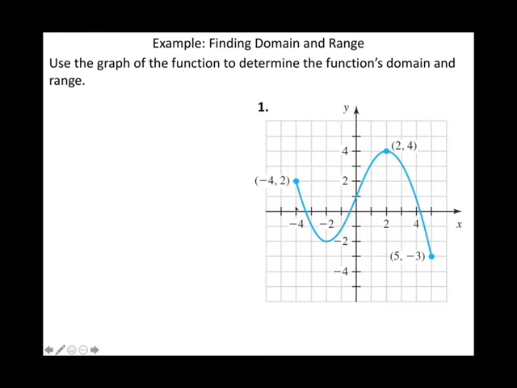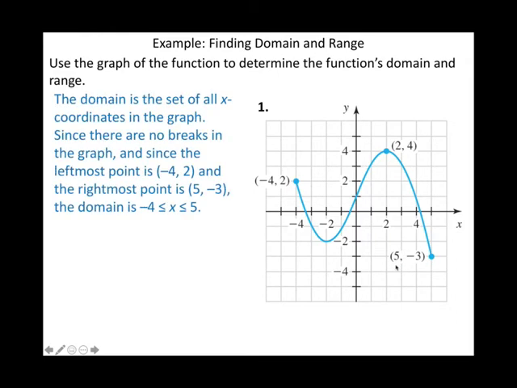The smallest value here is -4. Since there are no breaks in the graph, we keep going until this point, which is the largest value of x, equal to 5. So my domain is x between -4 and 5. This is the domain.